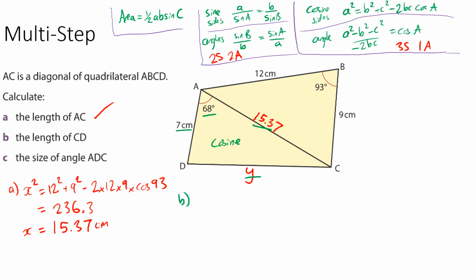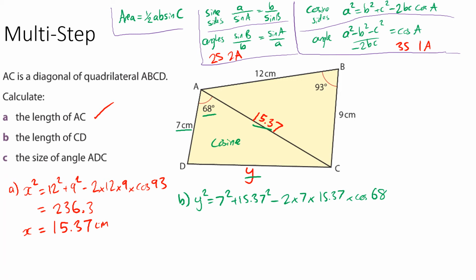Once again, we've got our angle A opposite our side A, so 68 and y are opposite each other, and B and C are 7 and 15.37. So y squared is 7 squared plus 15.37 squared minus 2 times 7 times 15.37 times cos 68.